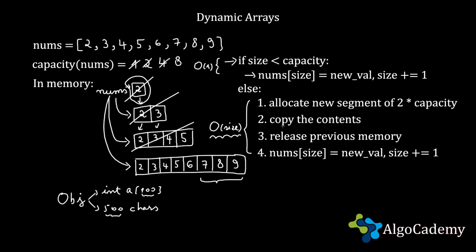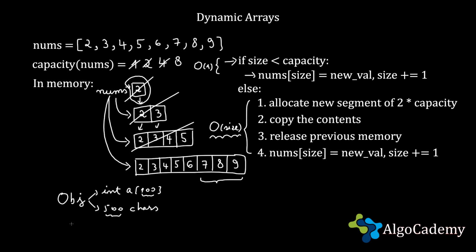Then you will have to copy the contents from this segment to this one. Copying an integer again is simple, but copying an object like this actually requires copying 100 integers and 500 characters. Release previous memory. Deleting one integer was simple, but deleting an object like this requires actually deleting 100 integers and 500 characters.